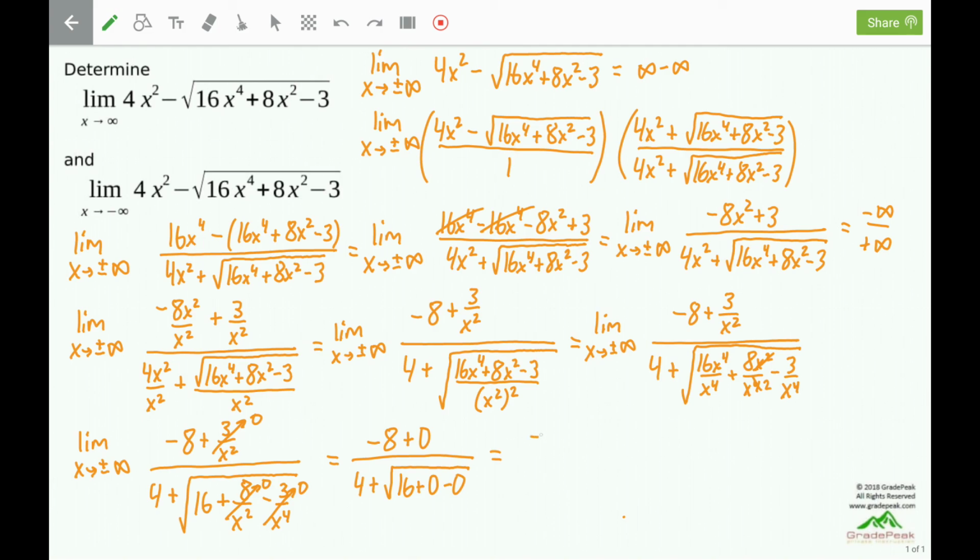Negative 8 plus 0 is negative 8. Over 4 plus the square root of 16 plus 0 minus 0 is 16.